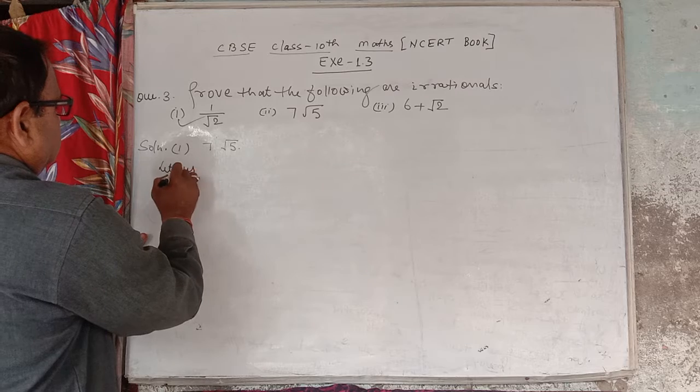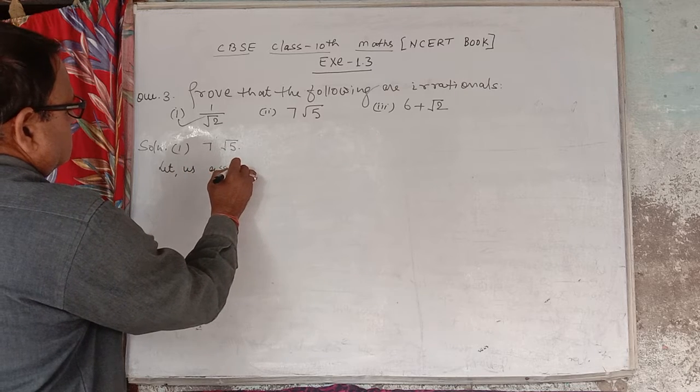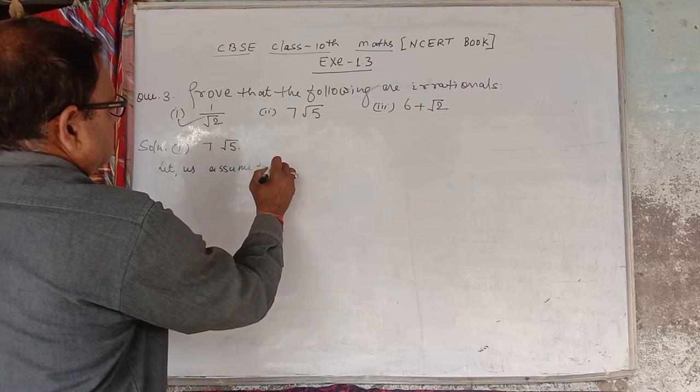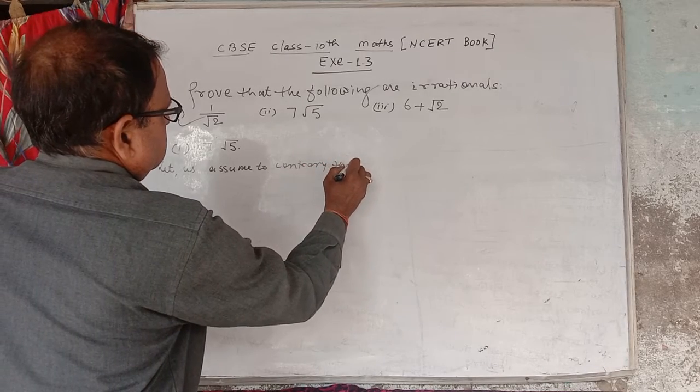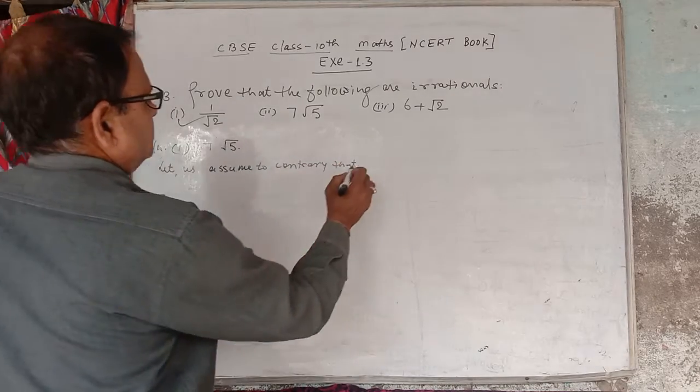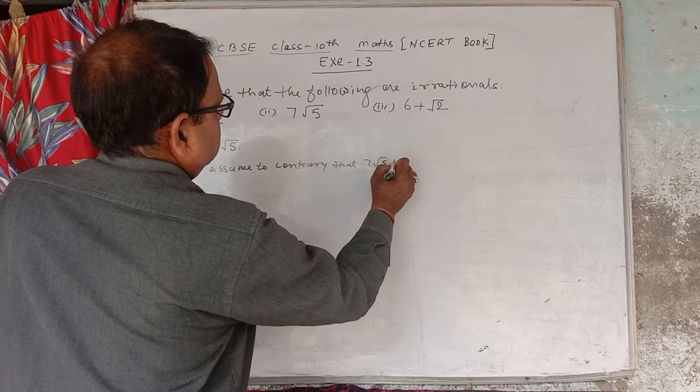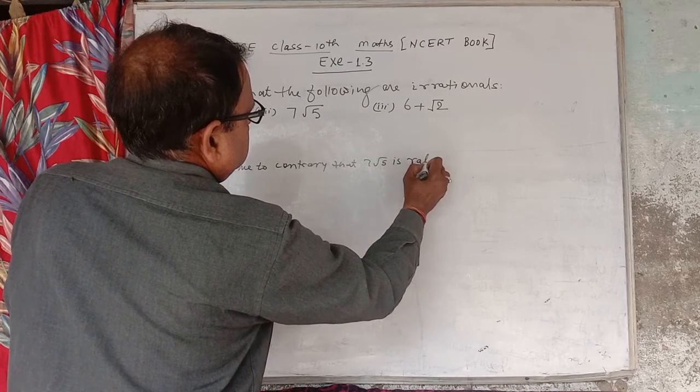Let us assume to the contrary that 7 root 5 is rational.